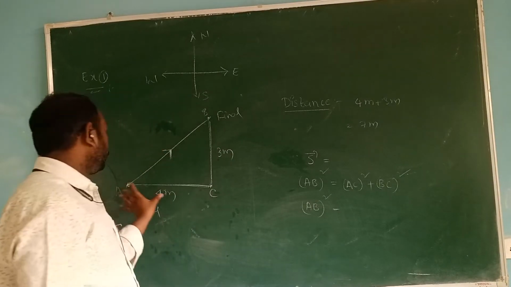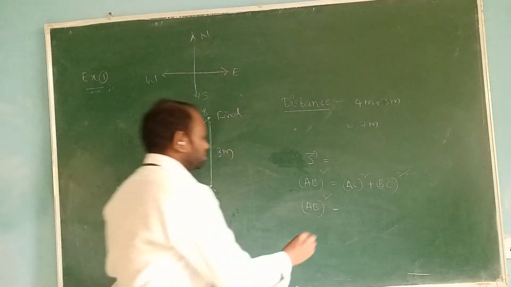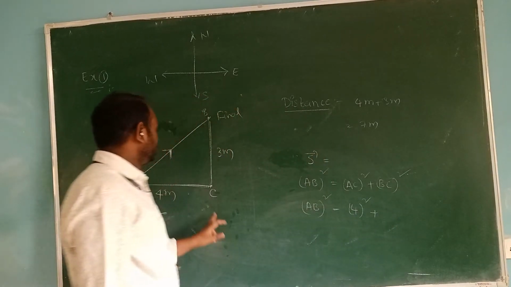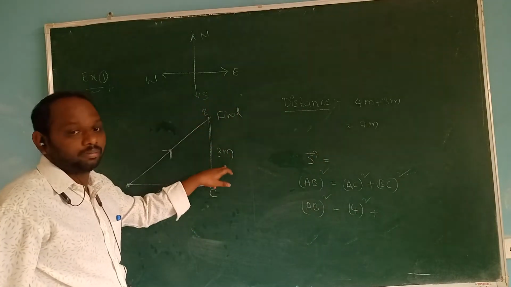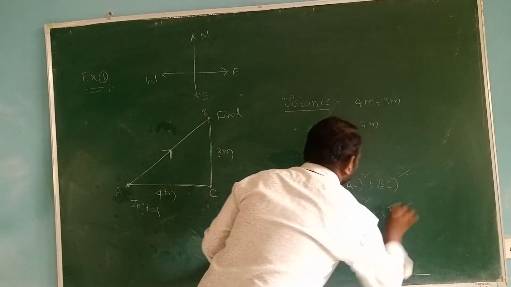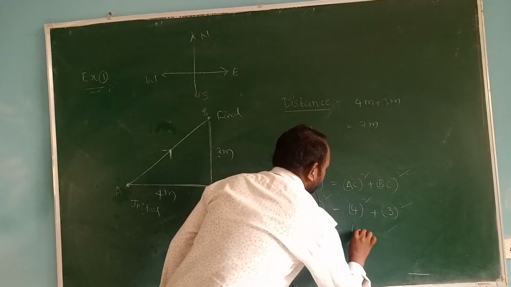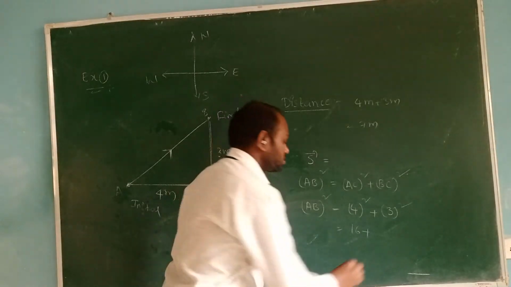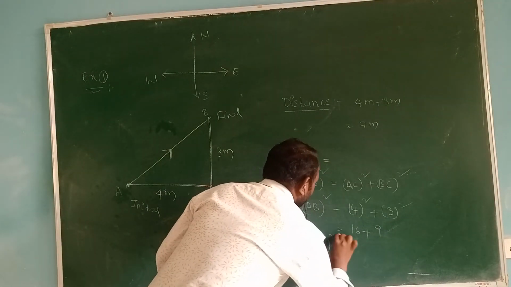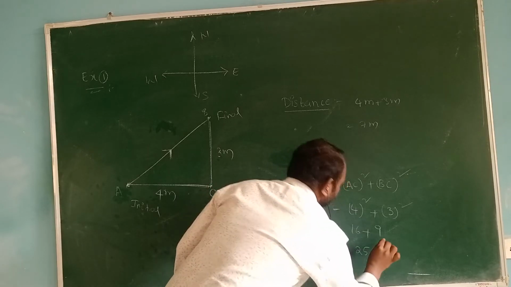AC square. What is the value of AC? 4 meters. 4 whole square plus, what is the value of BC? BC is the length of 3 meters, 3 whole square. So 4 squared means 16, 3 squared means 9. AB square is equal to 25.